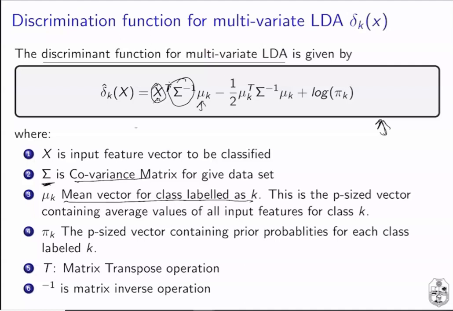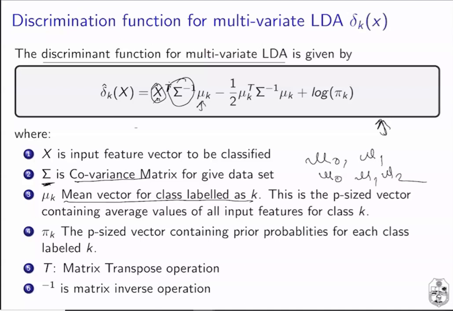If there are two class labels, then there are two mean vectors, one is mu 0 and another is mu 1. If there are three classification labels, then there are three mean vectors, like this.